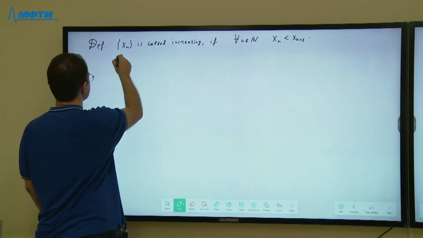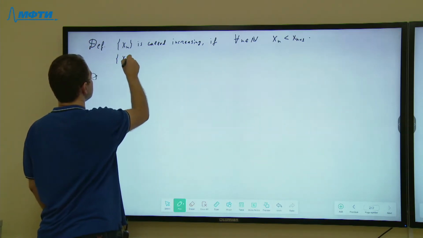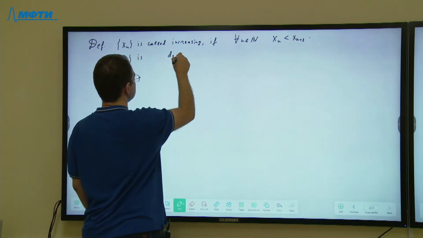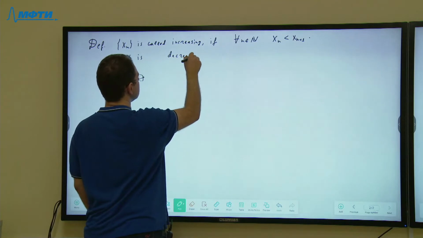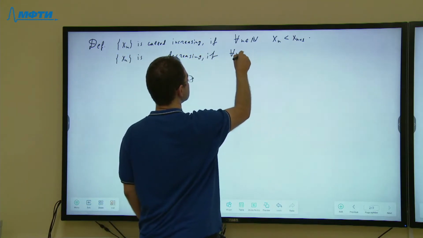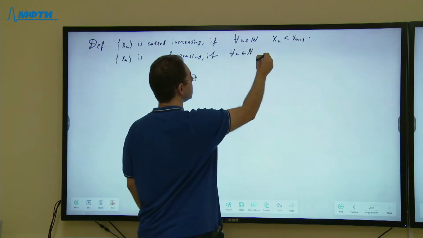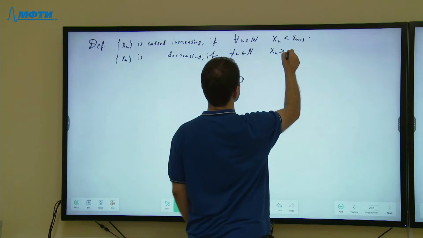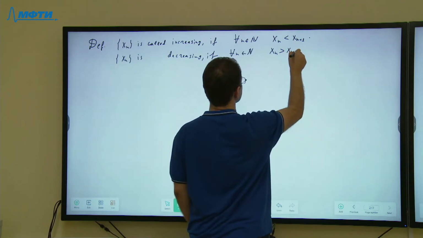And similarly, we have is decreasing if for any n xn is greater than xn plus 1.